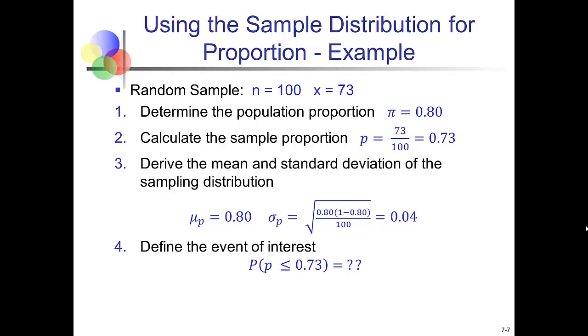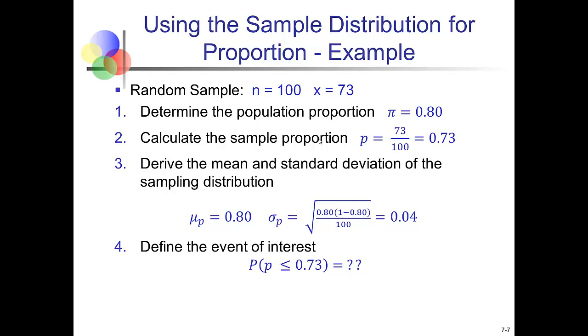To use the sampling distribution for the proportion, we've developed an example here. Suppose you take a random sample from a population. That sample contains 100 items. Of those items, 73 of them contain the characteristic that we're interested in looking at. To be able to say anything about this, we need to know the population proportion.